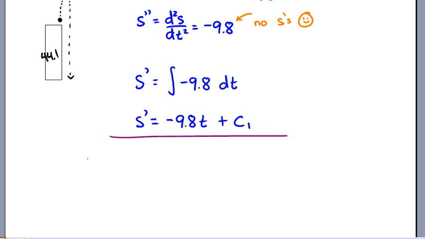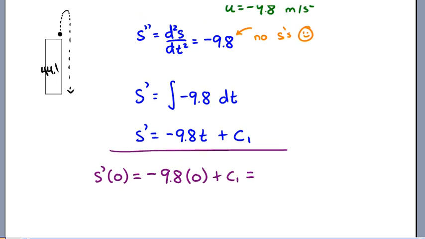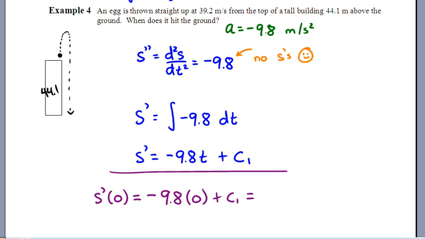I'm told in the story that the velocity at time 0 is going to be 39.2. Well, if I use my machine that I've just made, that would be negative 9.8 times 0 plus C1. And in their story, they said that this was going to be 39.2.